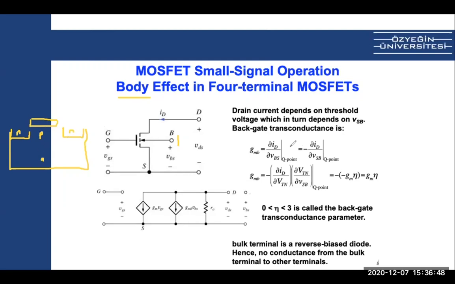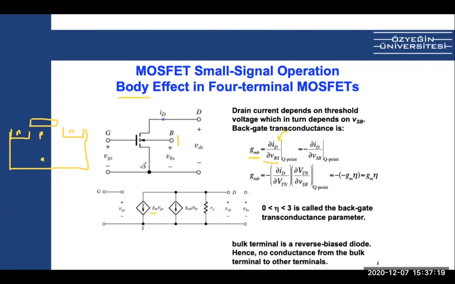Not going into so much detail, to understand how much something is affecting us, we always need to take its derivative. We always need to find its small signal parameters. So just like we found GM, to find how the body is affecting us, we call it GMB. We need to take the derivative of the current with respect to that body voltage, right?